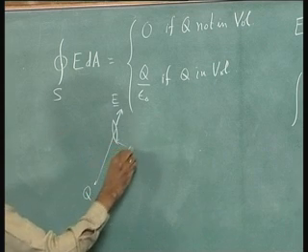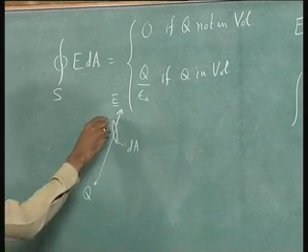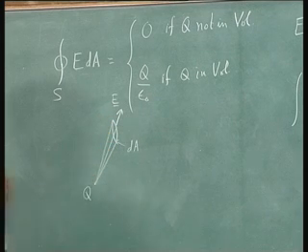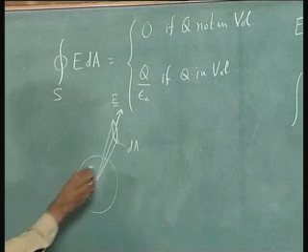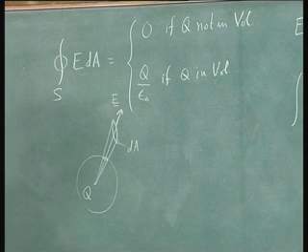That is my dA. As I said, the way to make this make sense is you draw a cone, draw a unit surface around the charge, find the actual area cut by that cone.